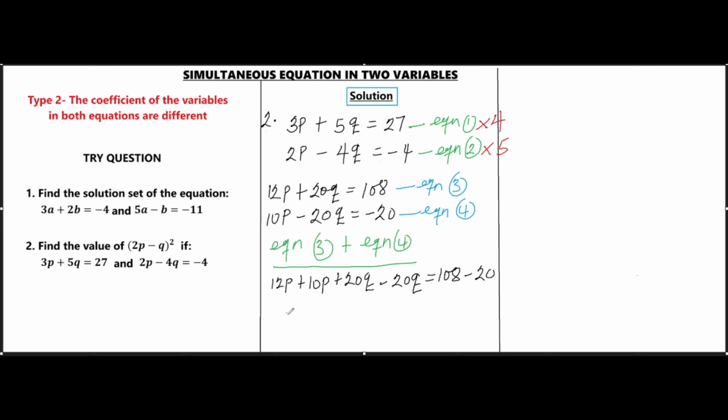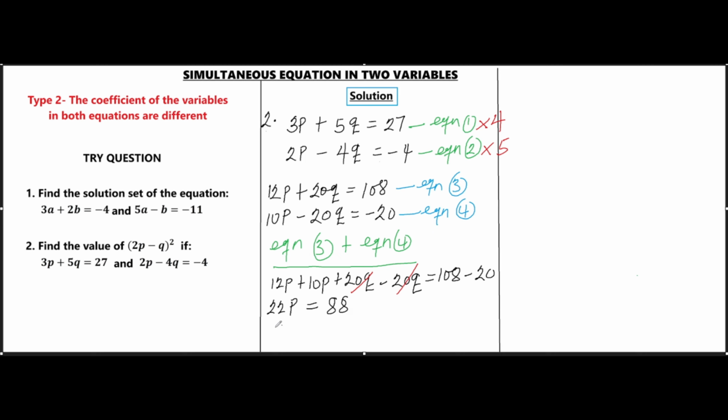So what is 12p plus 10p? So this will give us 22p, and it is obvious that positive 20q and the minus 20q will cancel out, and this should be equal to 108 minus 20. This gives us 88.